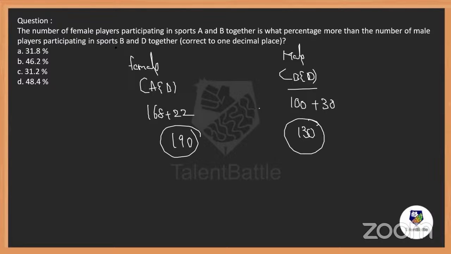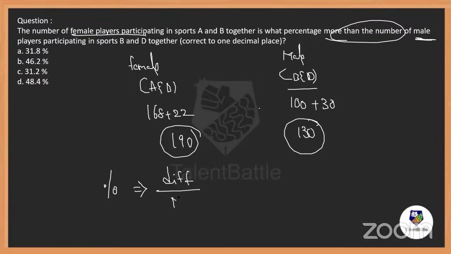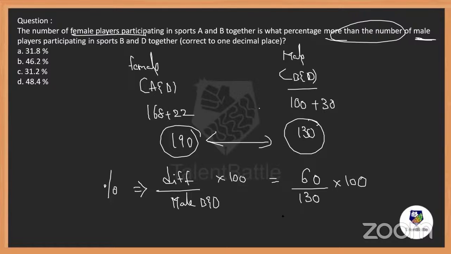Now they're asking female is more than male by how much percentage? Always, when you need to do more than, meaning percentage more or less, it will be the difference divided by what we are comparing, more than males. So I need to divide by male B and D into 100. How much is the difference? How much is it more? 60 it is more. Divided by 130 into 100.